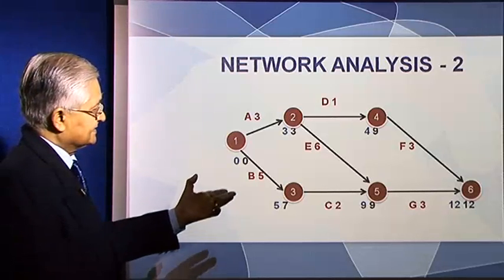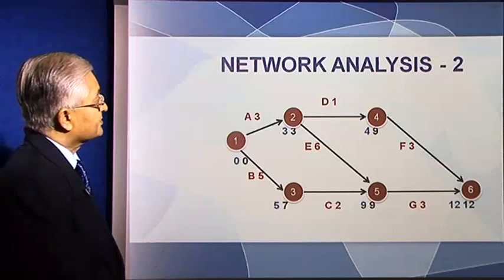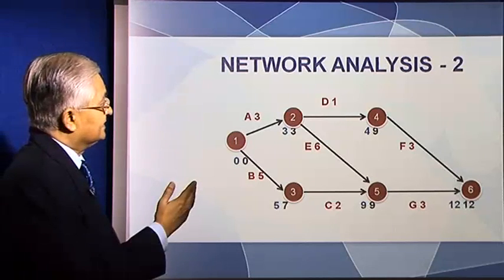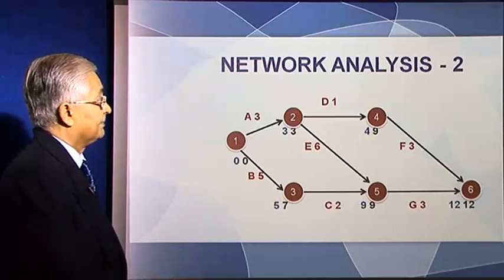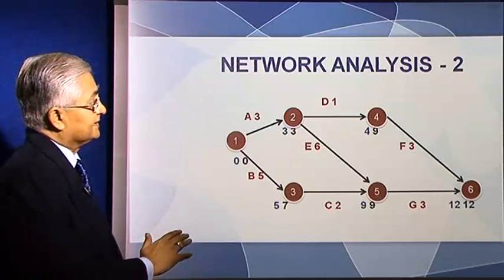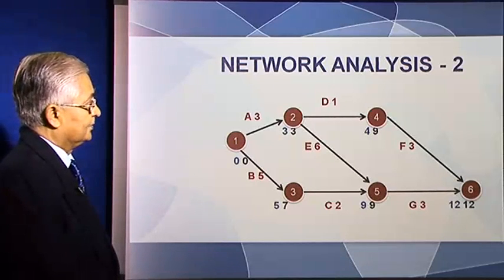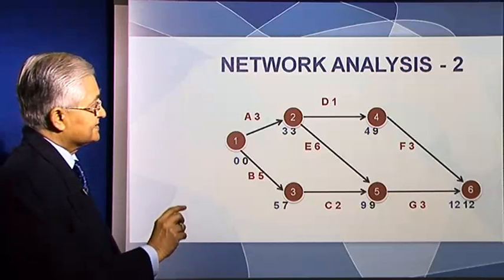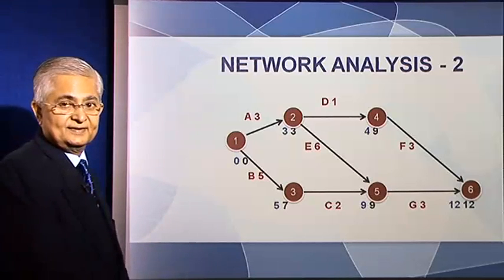C can start 2 months late, or D, for instance, the earliest D can get over is 4 months, but the latest D should get over is 9 months, which means there is a 5-month flexibility.